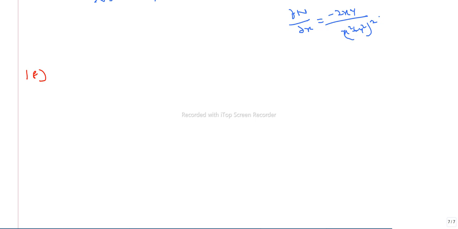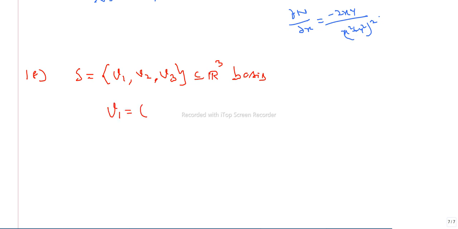So suppose S equal to {V1, V2, V3} is a basis, where it is a subset of R3. Okay, this is actually a basis. What is V1? V1 is 1 1 1 and V2 is 1 1 0 and V3 is 1 0 0. So this is the basis. Now T is a linear transformation defined from R3 to R2.